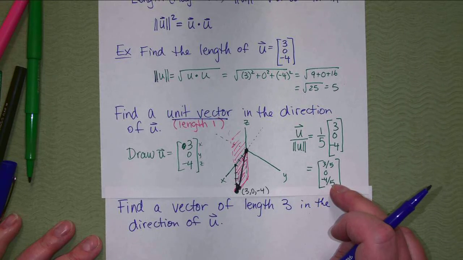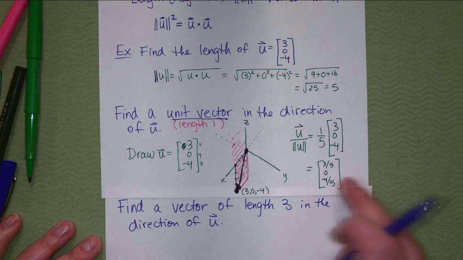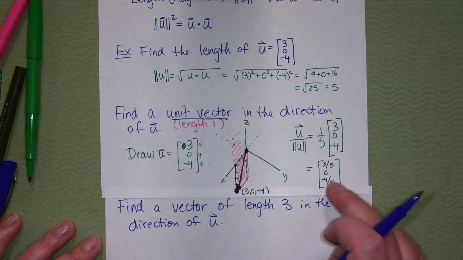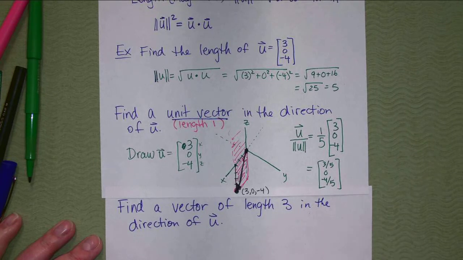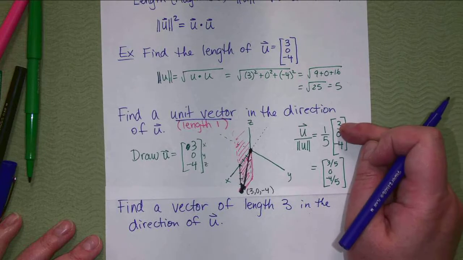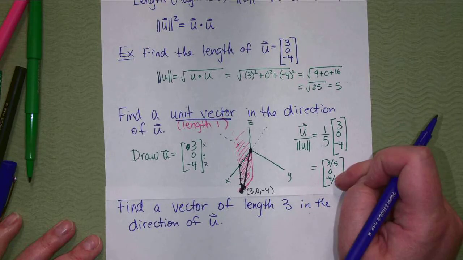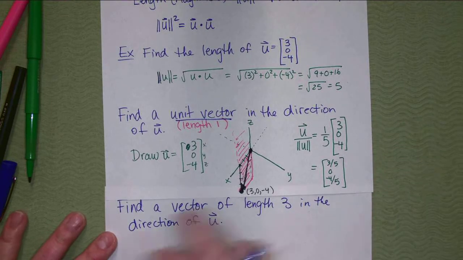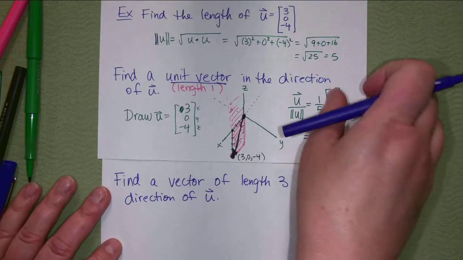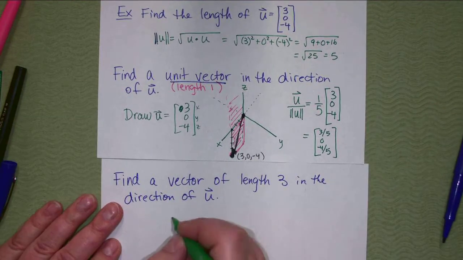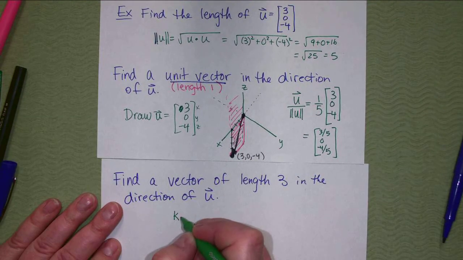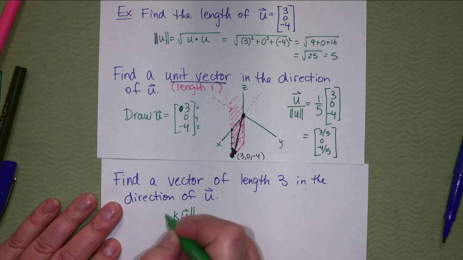Right? Now, if we didn't have the unit vector first to multiply it by 3, because this is length 1, if we multiply by 3, now it's going to have length 3. If we multiply it by 5, we're back to where we started, right? Because that's a fifth of it. The formula that they give looks like this. So you want a vector, k times the unit vector, to have a length of 3.